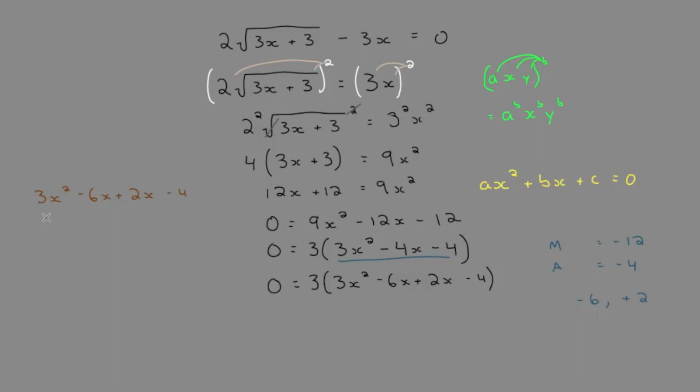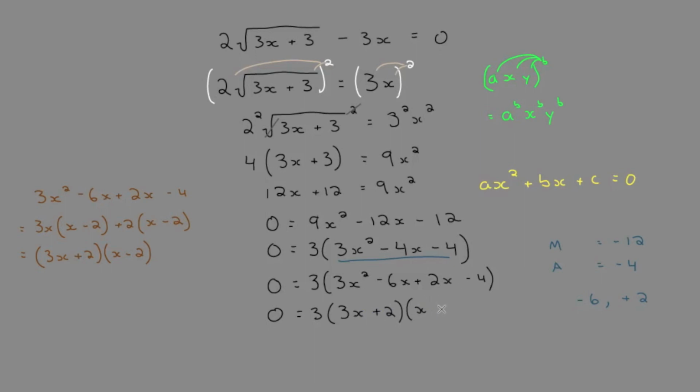So remember, factoring this, we common factor out of the first two terms and out of the last two terms. And this will give us our factored form when we put it back.